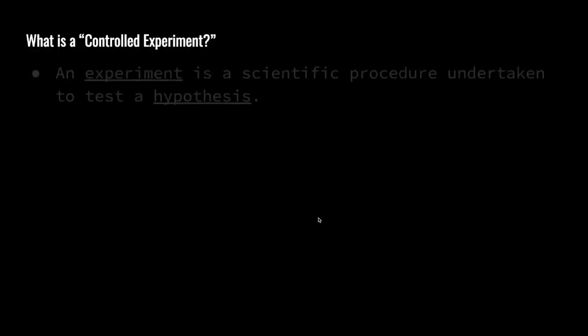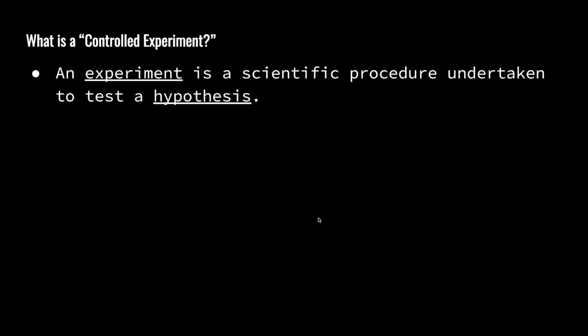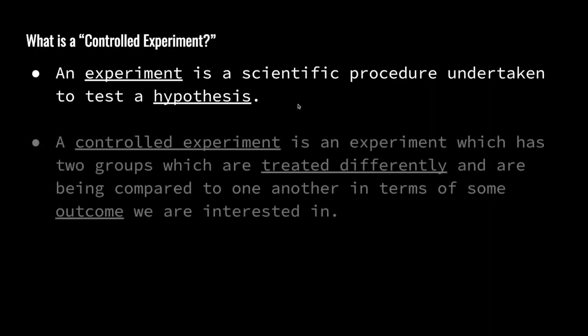We're going to look at what a specific controlled experiment is. An experiment is a scientific procedure undertaken to test a hypothesis. So you come up with a hypothesis, and then you do an experiment to see if that hypothesis is true or not.